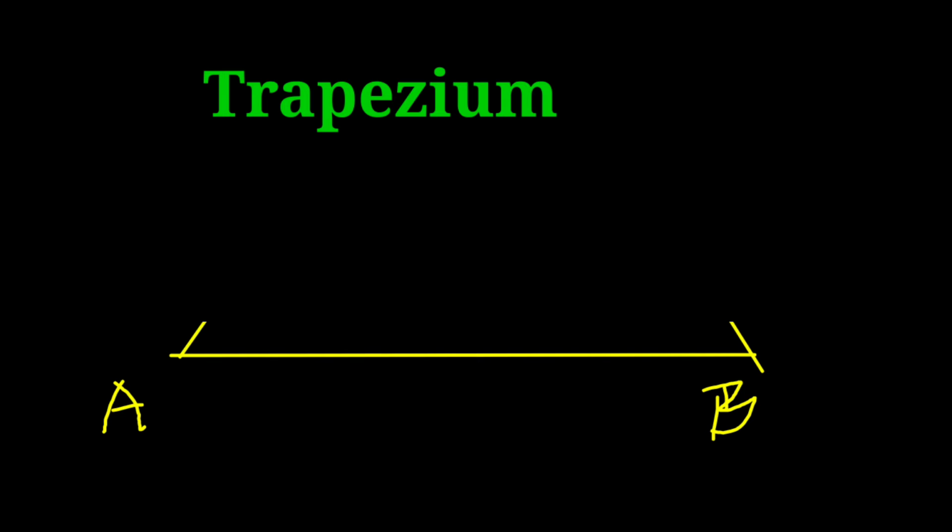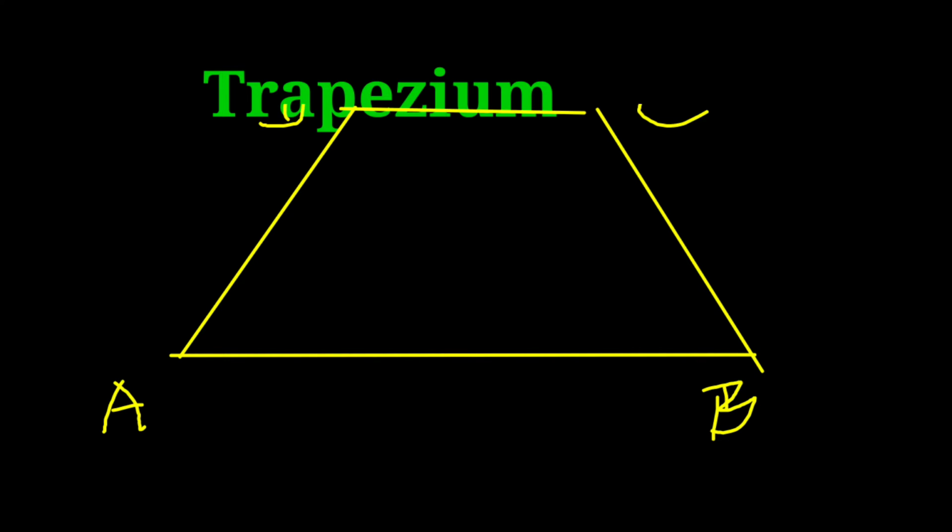Now we are talking about the trapezium in the quadrilateral. A trapezium is a quadrilateral in which one pair of opposite sides are parallel and the other pair non-parallel. In the figure ABCD is a trapezium.